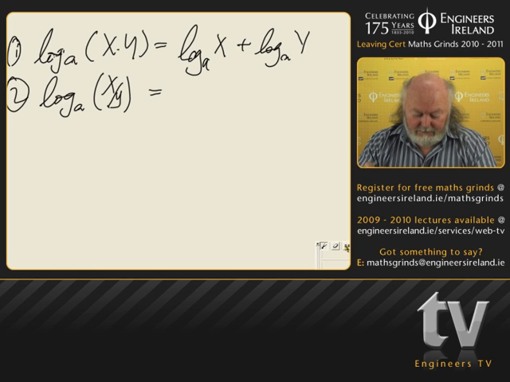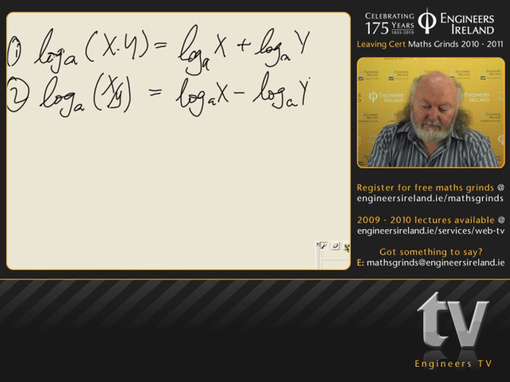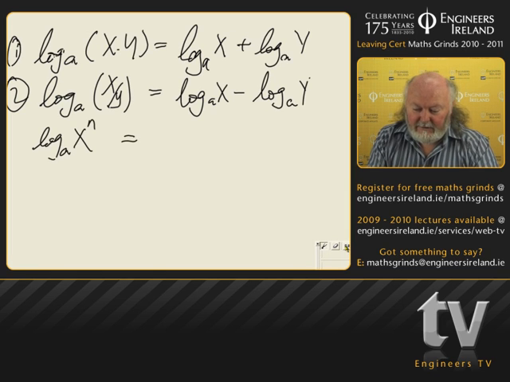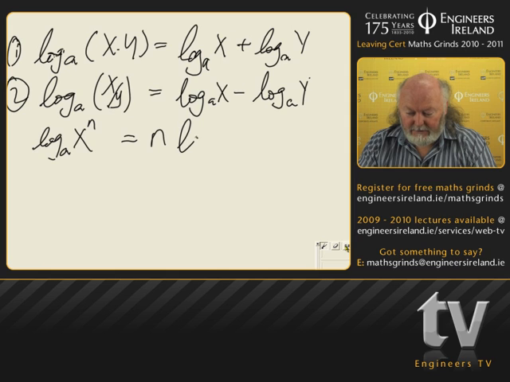So we can now say it's... This one is particularly useful because in several sections in your Leaving Cert Maths, there is a need to simplify equations. I'll give you an example in a minute.